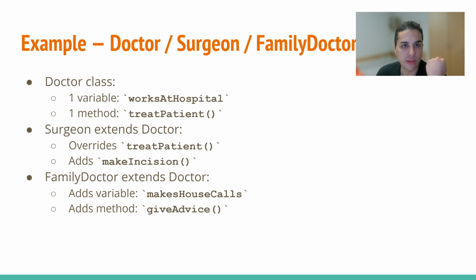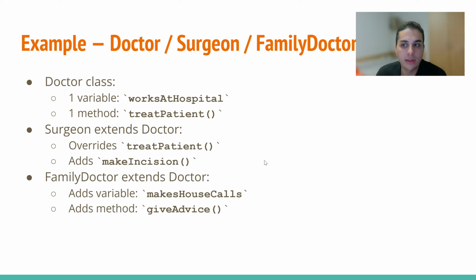The surgeon class extends the doctor class, and inherits works at hospital and treat patient. But it will override treat patient, and it will have a surgeon's way to treat. It will have a new method, which we can call make incision.